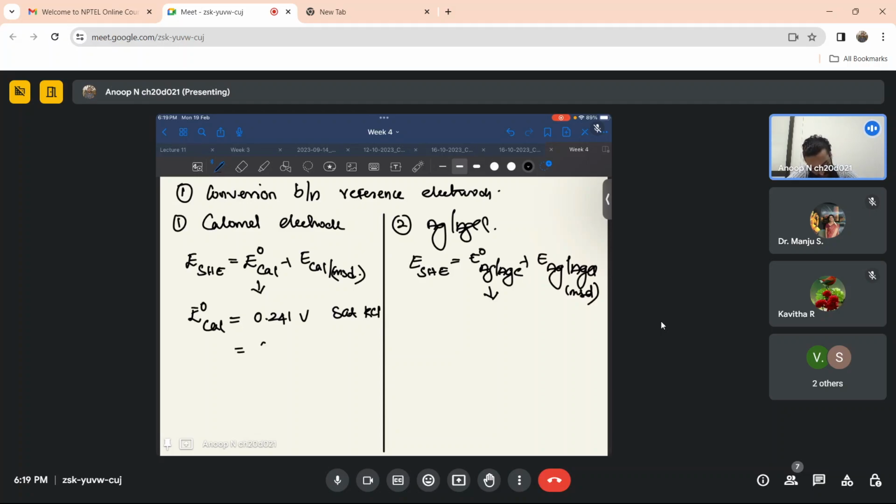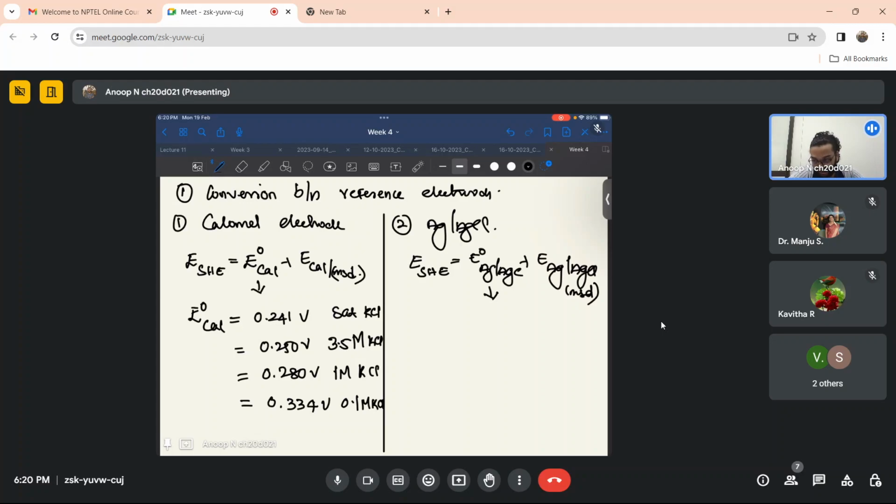The value will be 0.250 volt if you are using 3.5 molar KCl, 0.280 if it is 1 molar KCl, and finally 0.334 volt if you use 0.1 molar KCl.